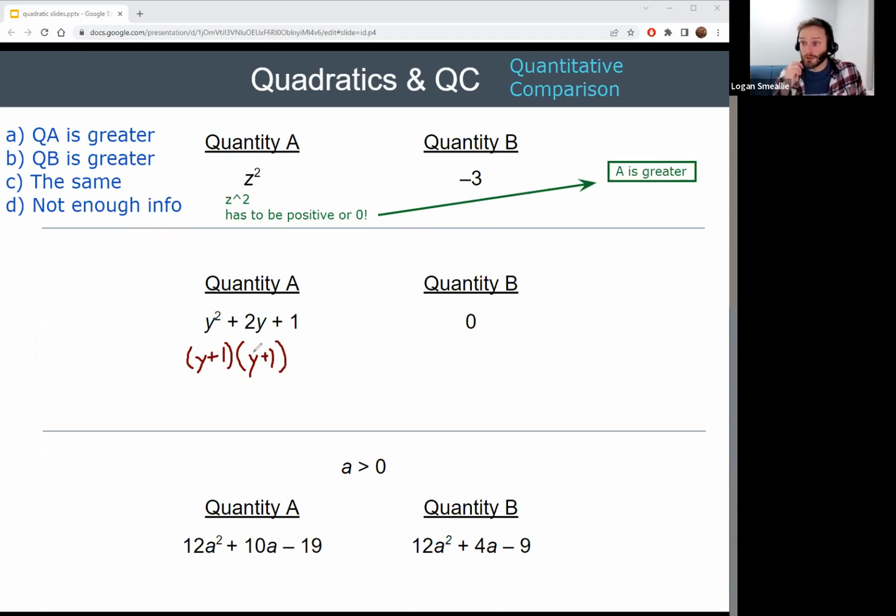This is one of those special products. And then they say, okay, so y is -1, right? Because if I have this equals 0, then each of these is going to tell me y equals -1. So -1 versus 0, B wins.